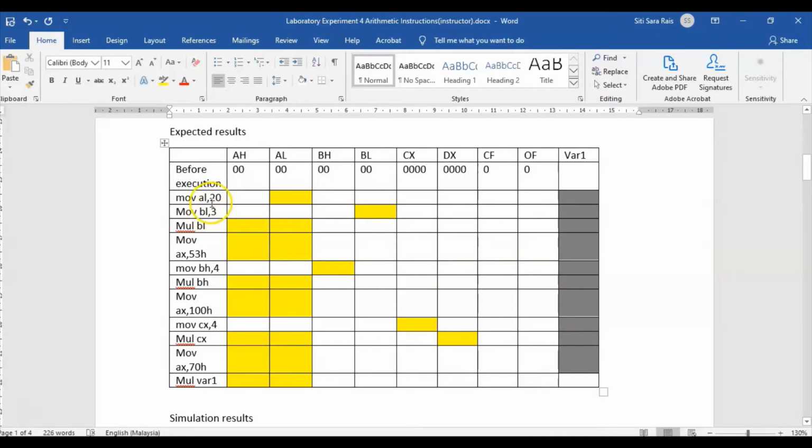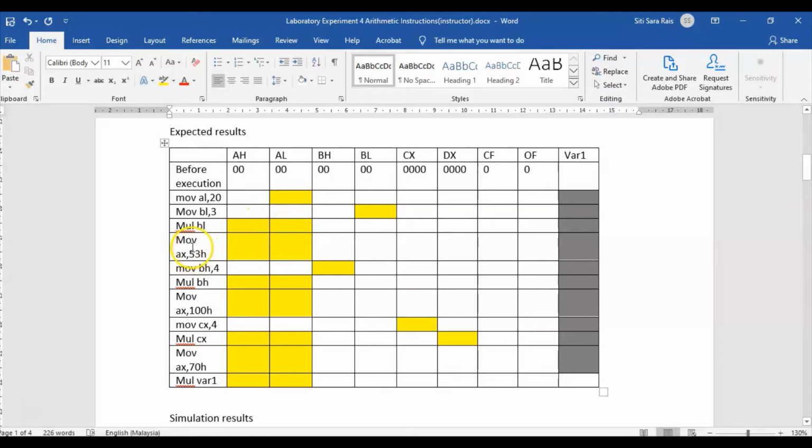For the first instruction, we have move AL, so AL will be affected, and then the second instruction, move BL, so BL will be affected. Then we have the multiplication instruction. Because we do the byte multiplication between BL and AL, the result will be saved in AL or AX.